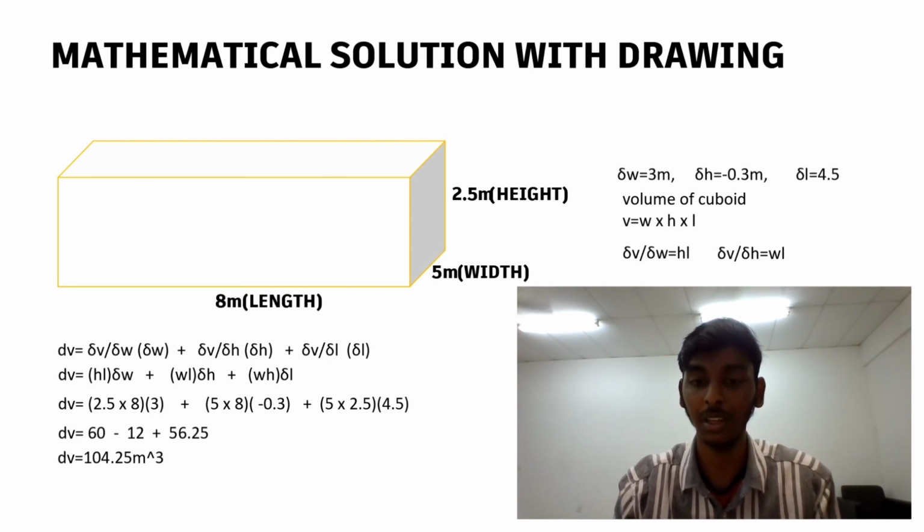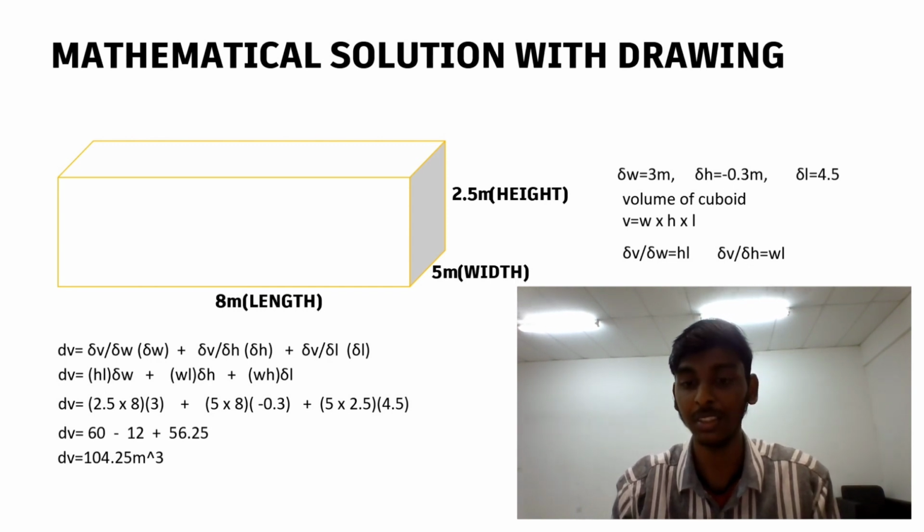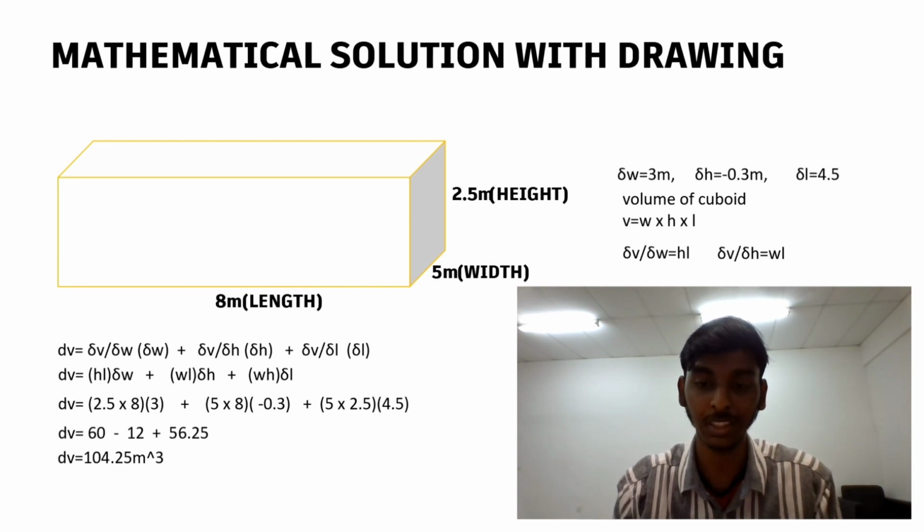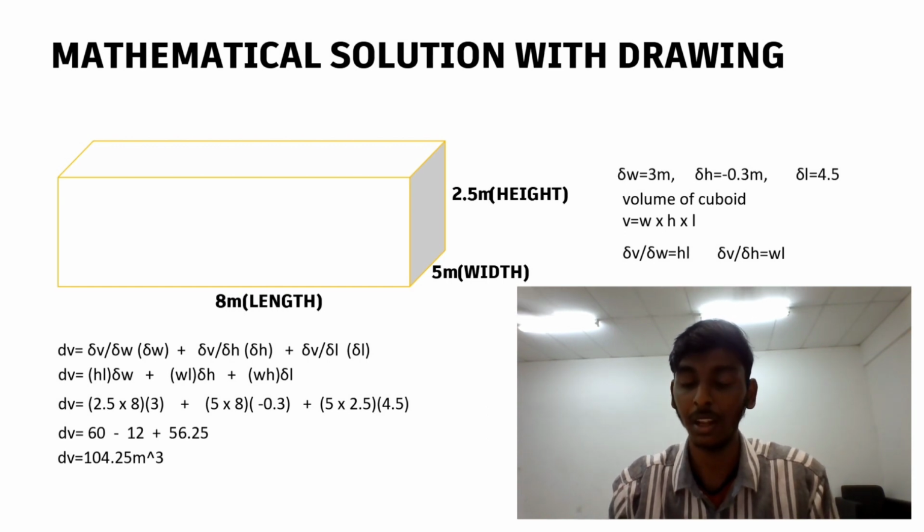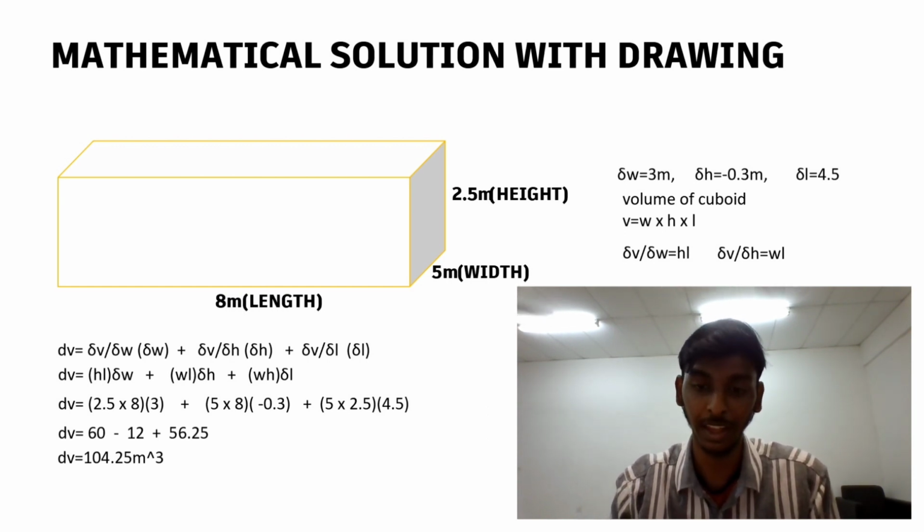The formula is dV equals delta V over delta W times delta W plus delta V over delta H times delta H plus delta V over delta L times delta L. So our second step will be dV equals HL times delta W plus WL times delta H plus WH times delta L.